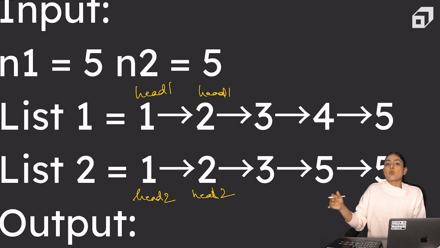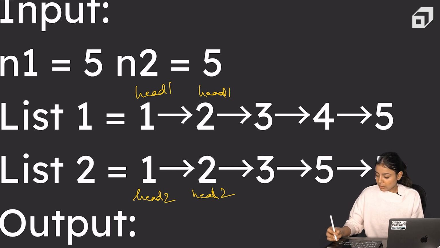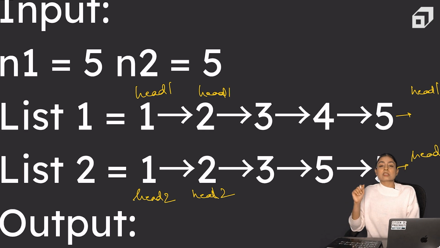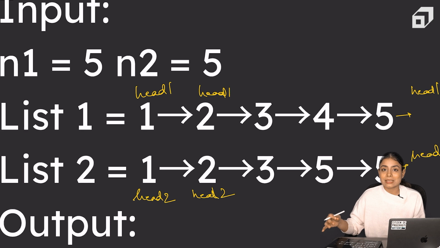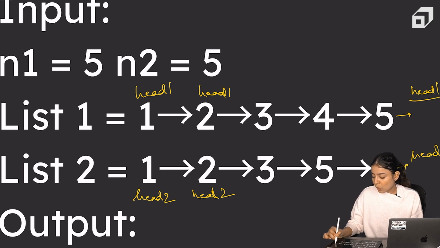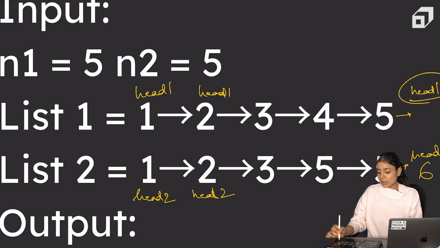And till when will I keep doing this? Until one or both of the heads become null. So at some point, both of these pointers will reach null. Now it is important that both the pointers head 1 and head 2 reach null at the same time. For example, if head 1 reaches null but head 2 does not reach null, for example, here we have another element 6 after 5.